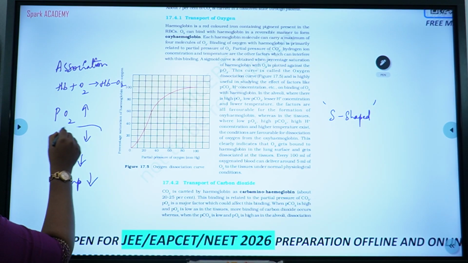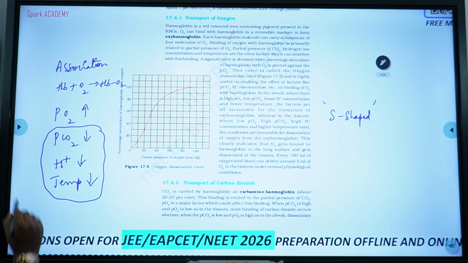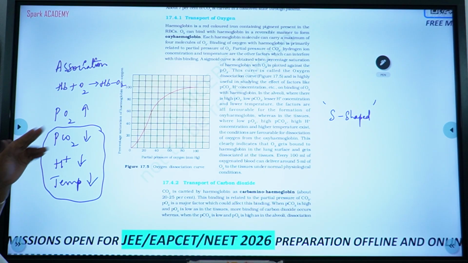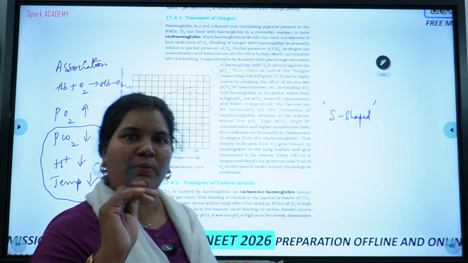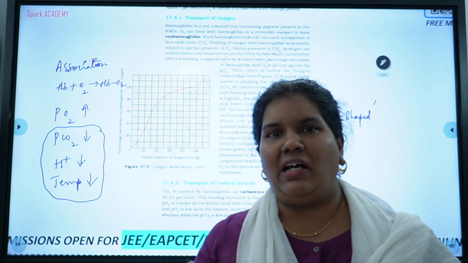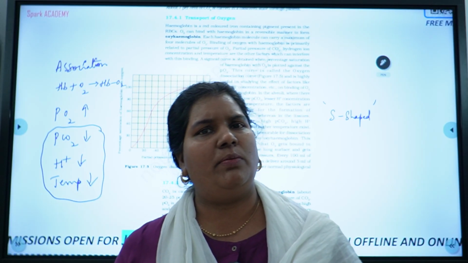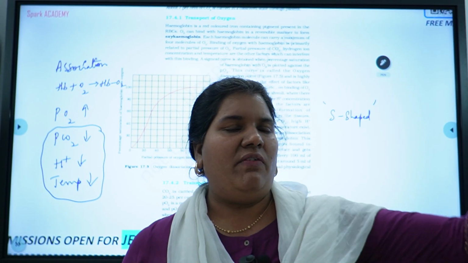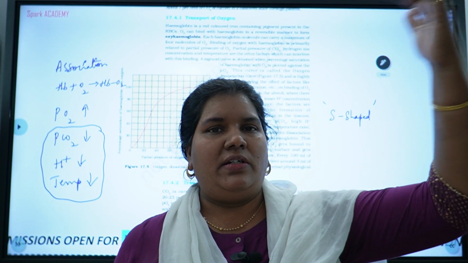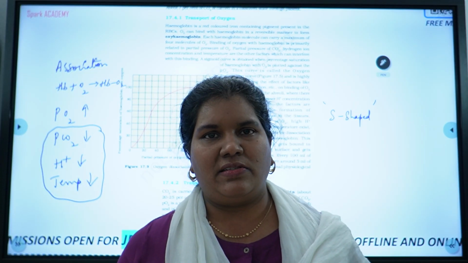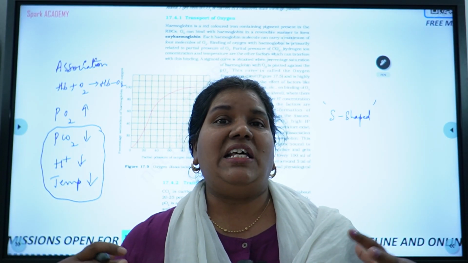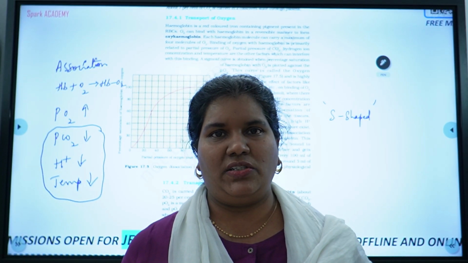If you see, all these three conditions should be less in their concentration, and partial pressure of O2 should be more. Obviously in the lungs the partial pressure of oxygen will be more. Why will it be more? When we are inhaling, the oxygen enters our lungs, so our lungs are filled with oxygen.